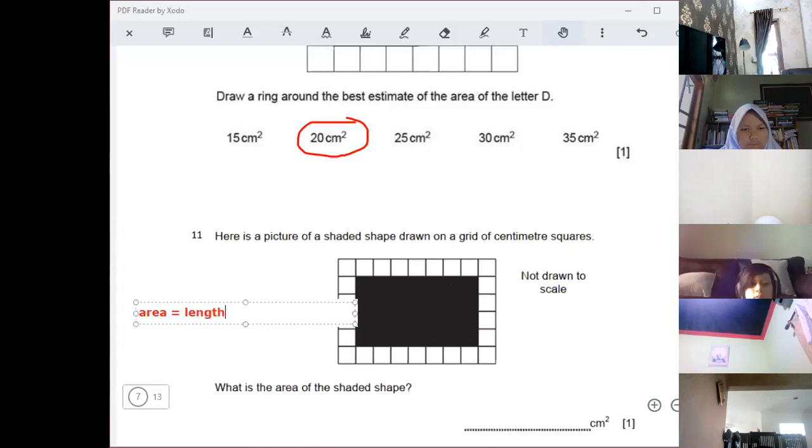The length times breadth. 4 times 7. 28. 28, class, is it correct? Yes. Okay, thank you, Ichan. 28. 4 times 7.